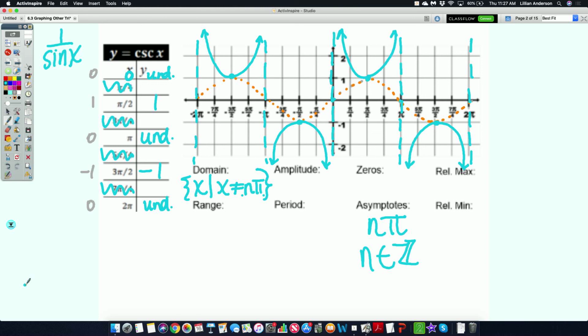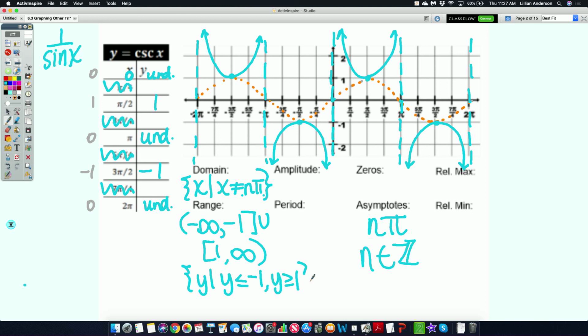So it's actually every y value that is greater than or equal to 1 and every y value that's less than or equal to negative 1. So you can either write that in interval notation or you could write it in set notation. So it's everywhere except in between negative 1 and 1.